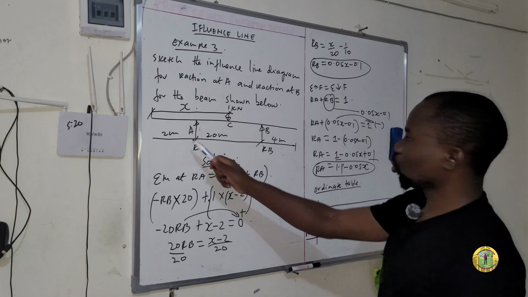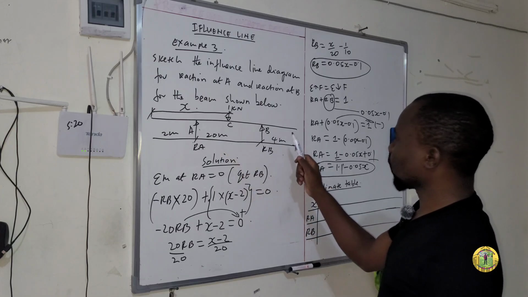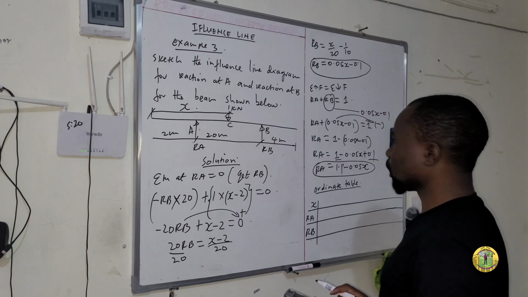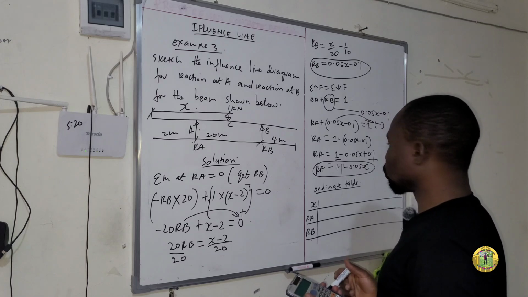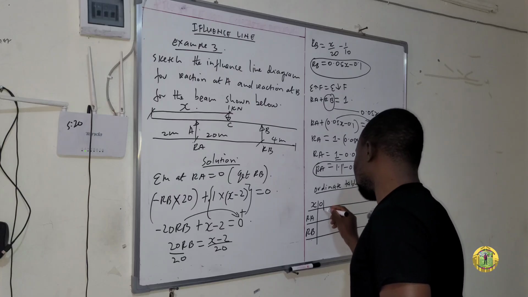So we have 2 plus 20, which is 22, plus 4 is 26. So we'll use a span of 2, 2, 2, 2. So this is 0. We start with 0.